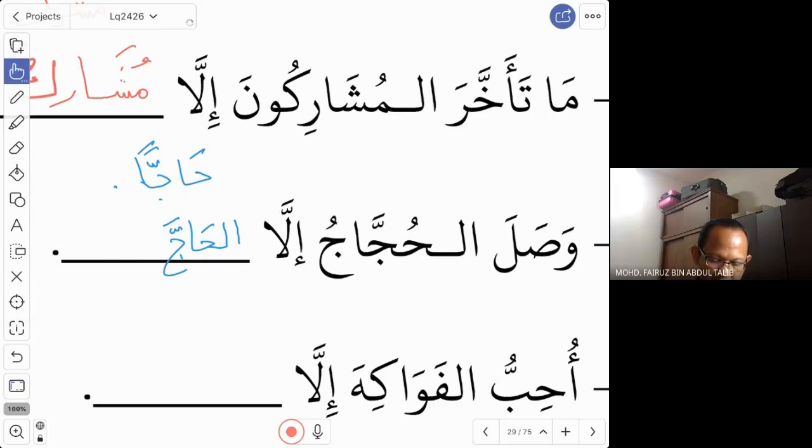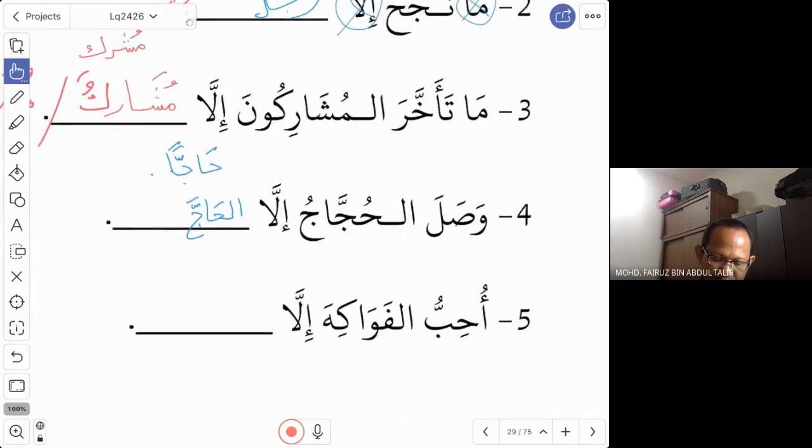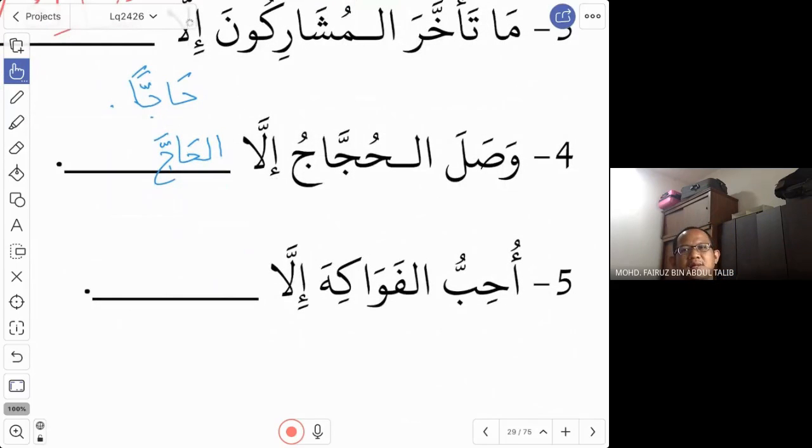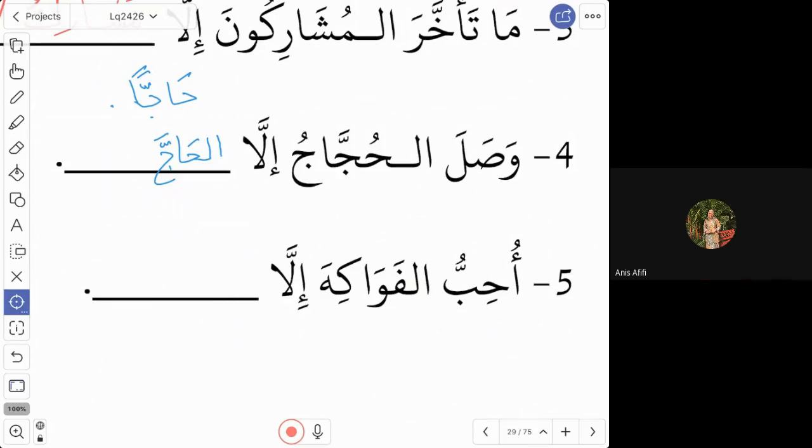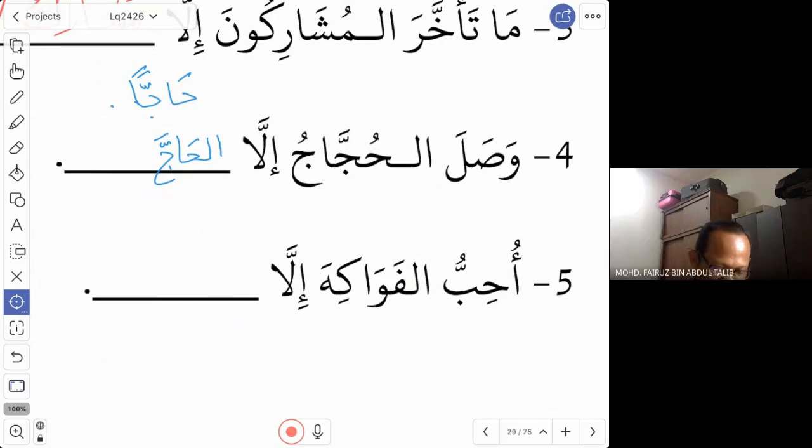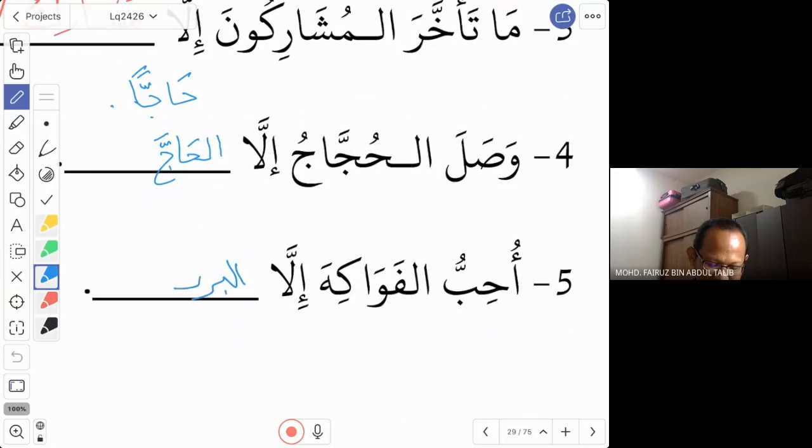Al-jumlatul khamisa: uhibbul fawakih illa... I like the fruits except this one fruit. Burtukala. You do not like burtukal: illa al-burtukal. So how do we read burtukal?